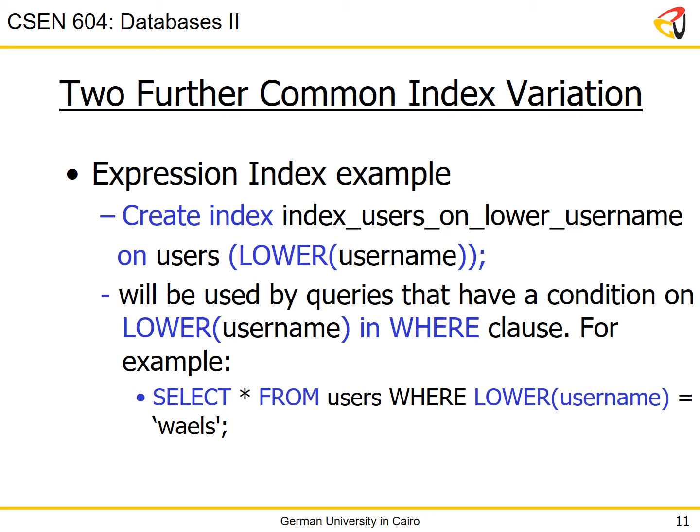Any query where this expression lower(username) appears, instead of actually going and fetching the username and passing it to the lower function to get the lowercase version of the username, and instead of doing all that, we're going to go to the index and retrieve the result from there.